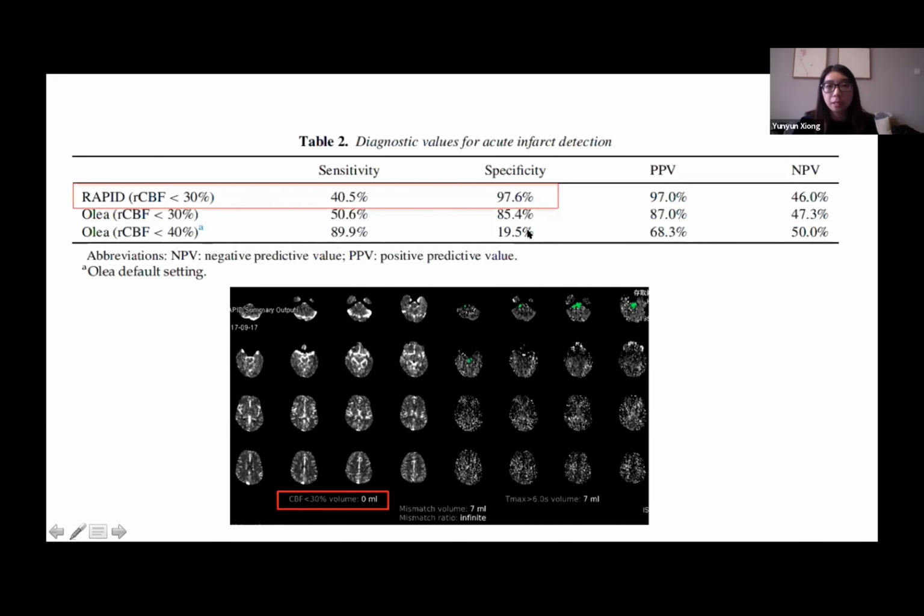So how do we translate these numbers into clinical practice? Look at this imaging. RAPID shows you the rCBF less than 30% volume at 0, which means there is no core volume for this patient. Whether this is true translates to, if this is only 0, the sensitivity was only 40%.